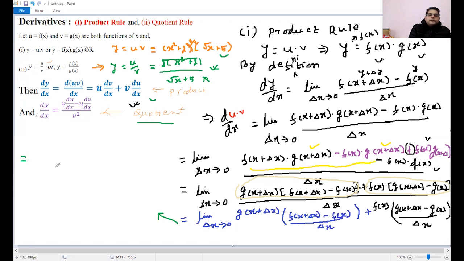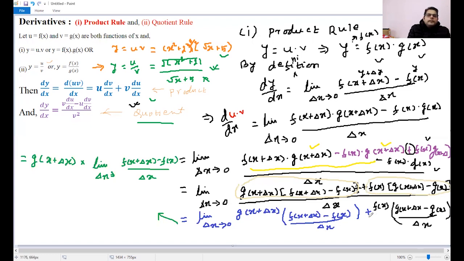So you can write the limit, we are taking it back, g(x + Δx) times the limit of the function f(x + Δx) minus f(x) divided by Δx. So we have one term like this, and we'll have another term like this again.